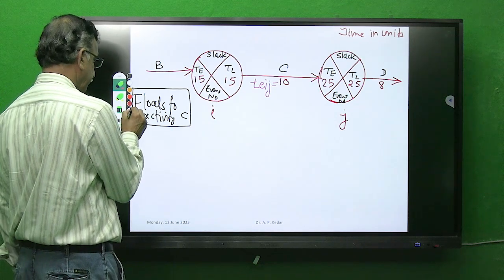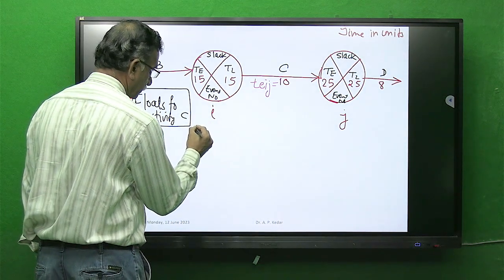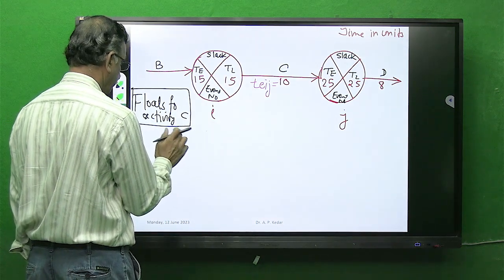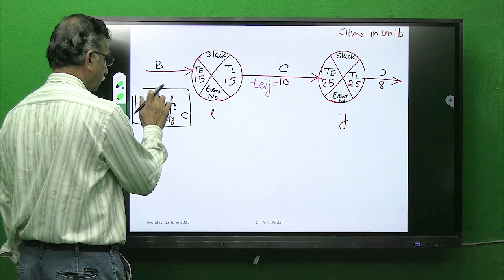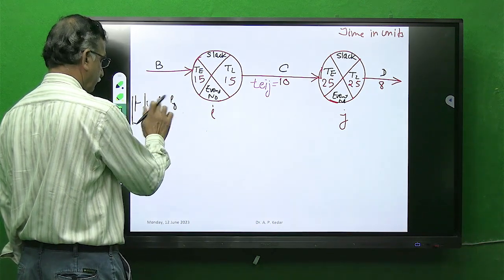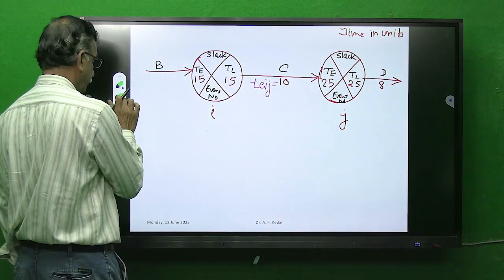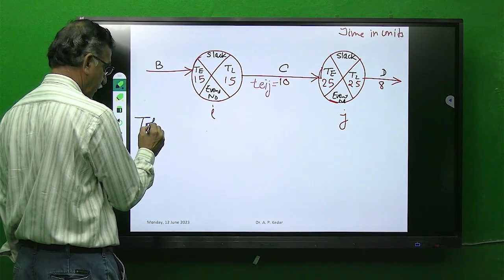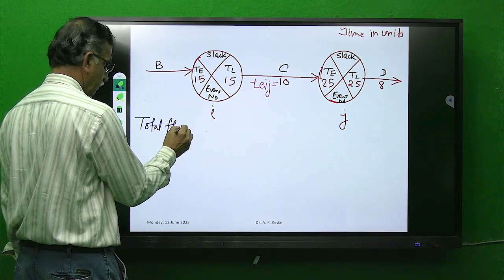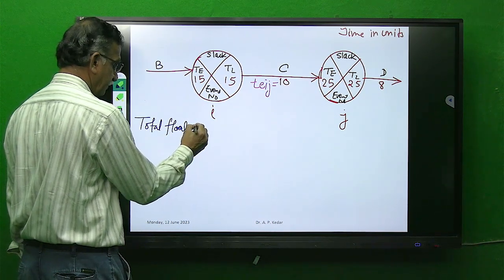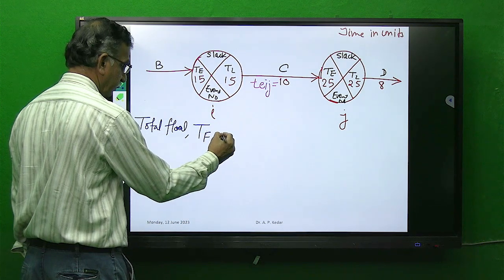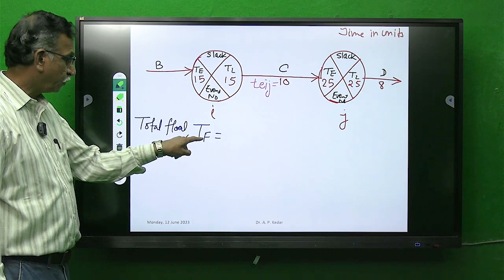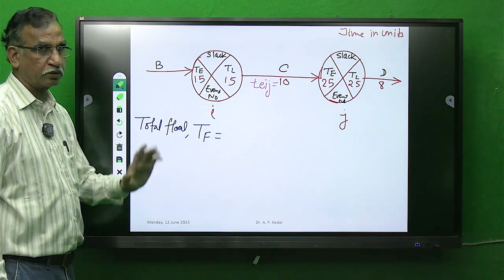First understand total float. It is abbreviated as TF. Total float, T for total.